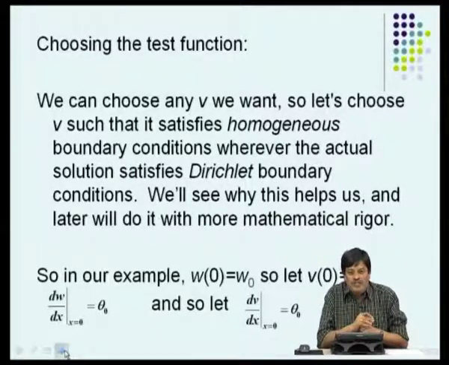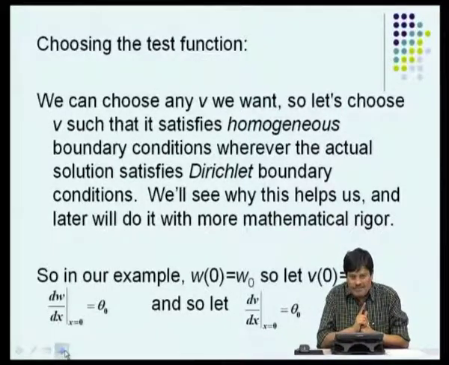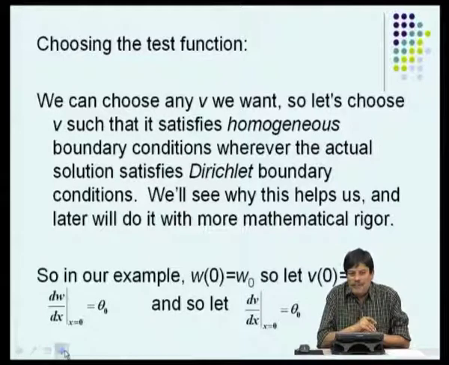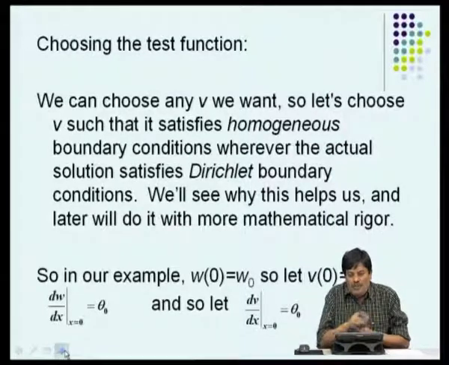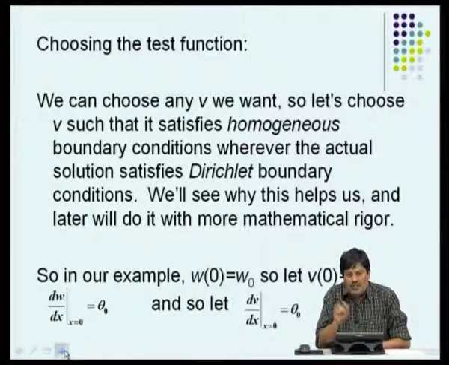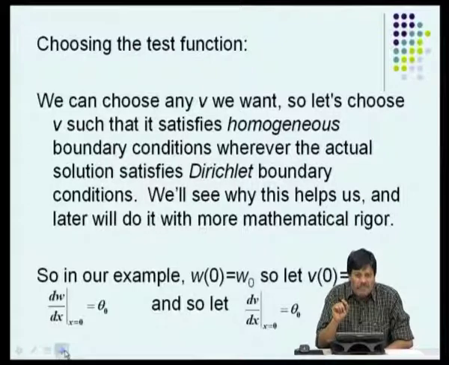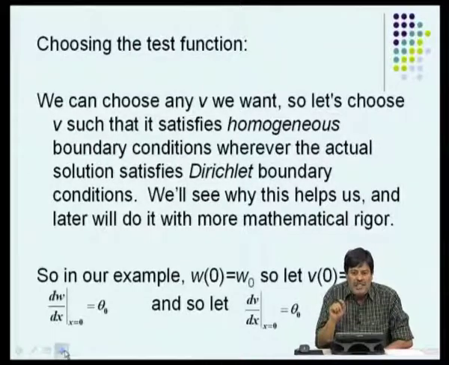So, let us choose some v here that also satisfies the homogeneous boundary condition, wherever the actual solution satisfies the Dirichlet boundary condition. Suppose u equal to u naught equal to 0 at some boundary, the choice of that function, when you substitute that coordinate, should go to 0. That is fundamental. We will see why this helps us sometime later.